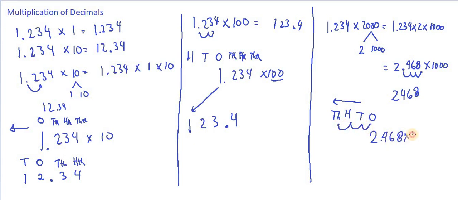Because this one is times 1000, 3 zeros, then it means you need to take 3 steps, in the thousands place. So the 2 will be in the thousands place, and it will drag all the other digits with it also. So you have this number, and the 8 is in the ones place.